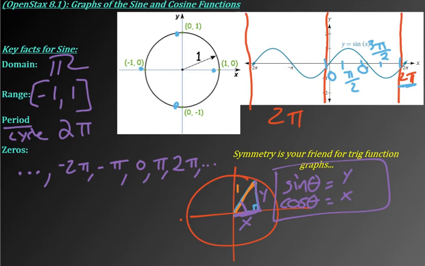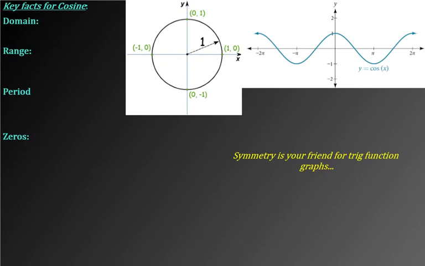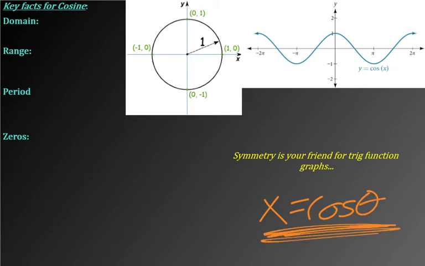help a lot, basically. Okay, I want to talk about the same thing now with cosine. But remember with cosine, x is equal to cosine theta, right? And so what we're really concerned with now are these x values, not the y values anymore.